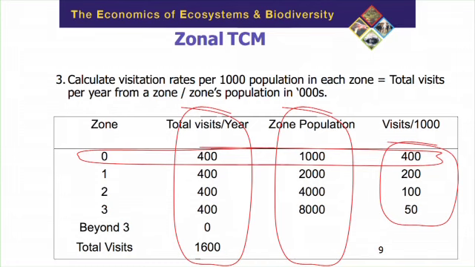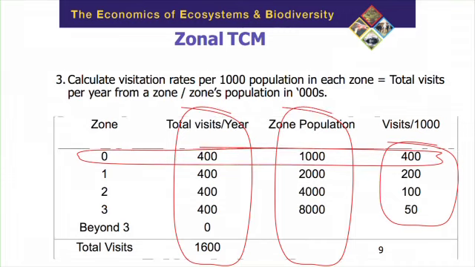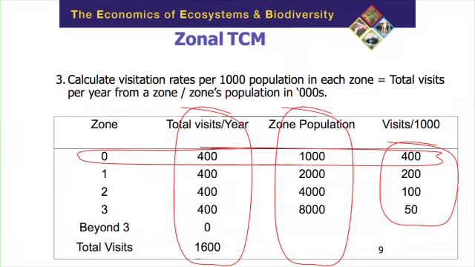So here's some hypothetical data we've got. We've got 3 zones, so we're assuming zone 0 is people pretty much living in the forest, and then zones 1, 2, 3 and beyond. And just for simplicity, we're assuming that we get 400 people visiting from each. So overall, we've got 1,600 visitors, of which 400 are living in the site, 100 are in zone 1 and so forth.